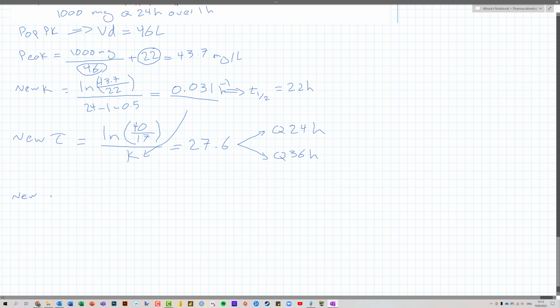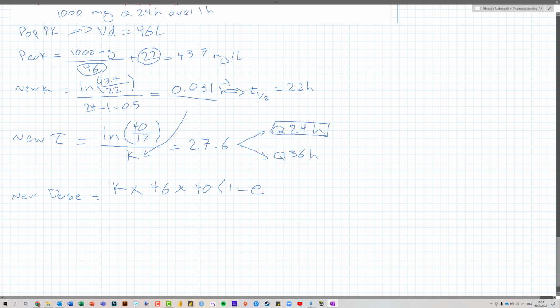So new dose. Again, the same equation as before, but the new K. So K times volume of distribution, still 46, times the peak that we want, times 1 minus e to the negative K times 24. I'm going to go with the 24 hours first because maybe we need a smaller dose that goes with it, and see what happens.